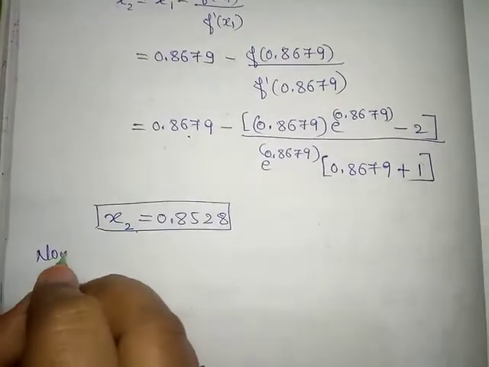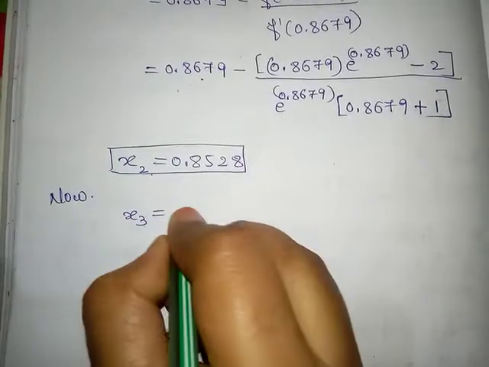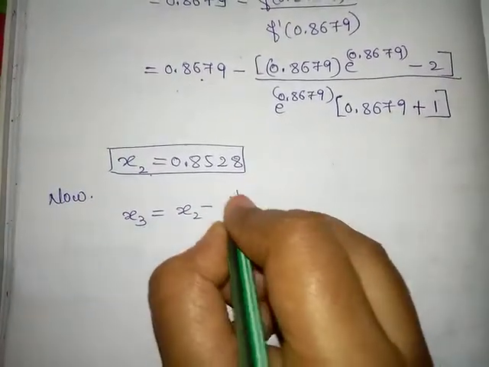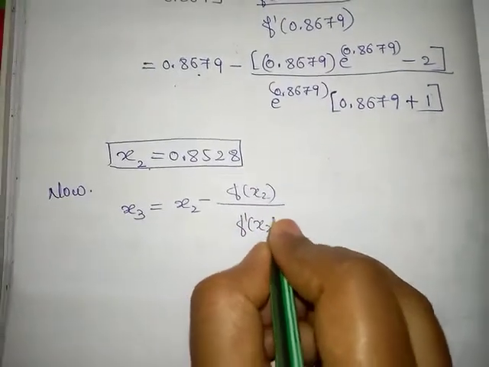Now x3 is equal to x2 minus f of x2 divided by f dash of x2.